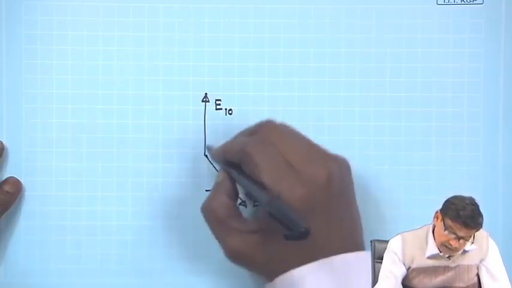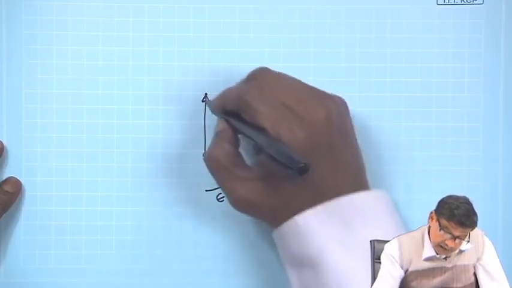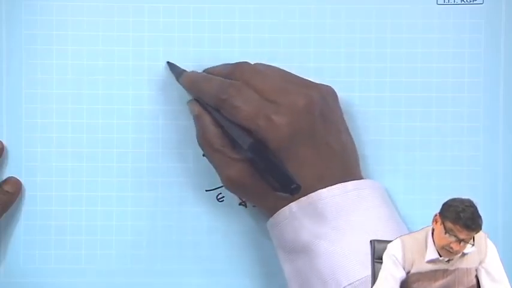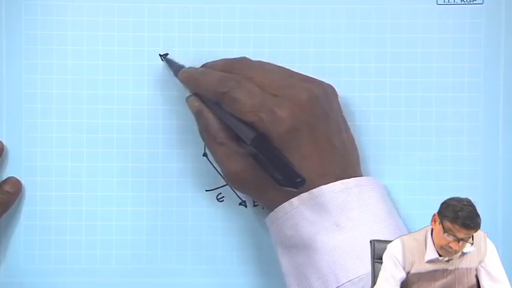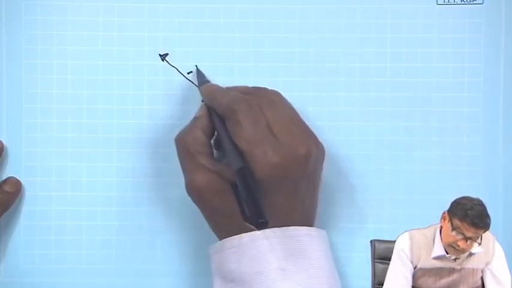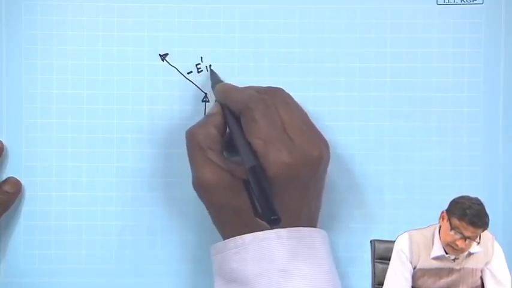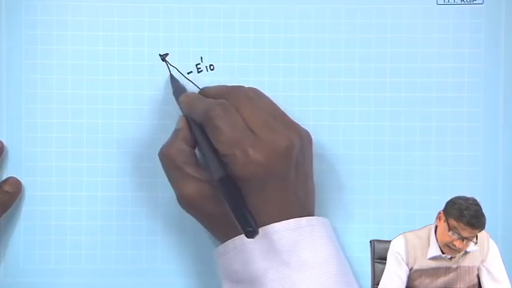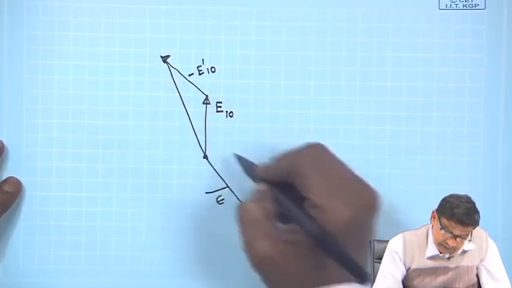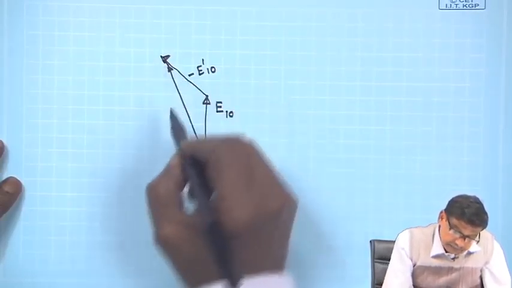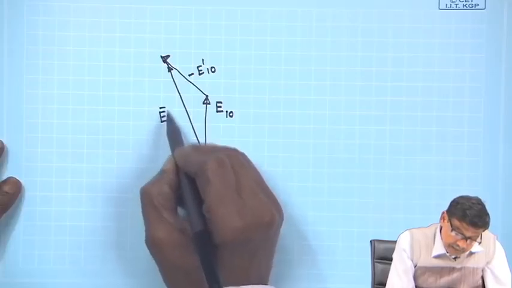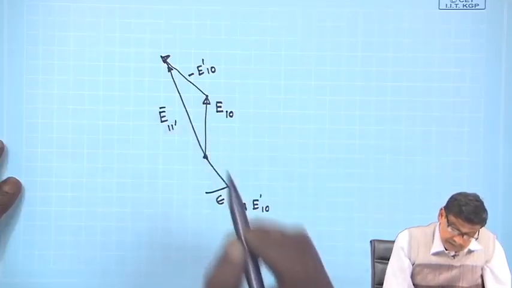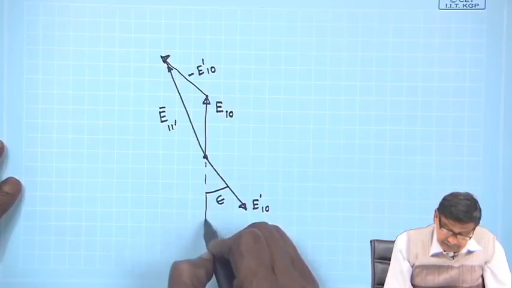Now, E 10 and these things you add. So, this is minus E dash 10, and this is your resultant voltage, E 1 dash.